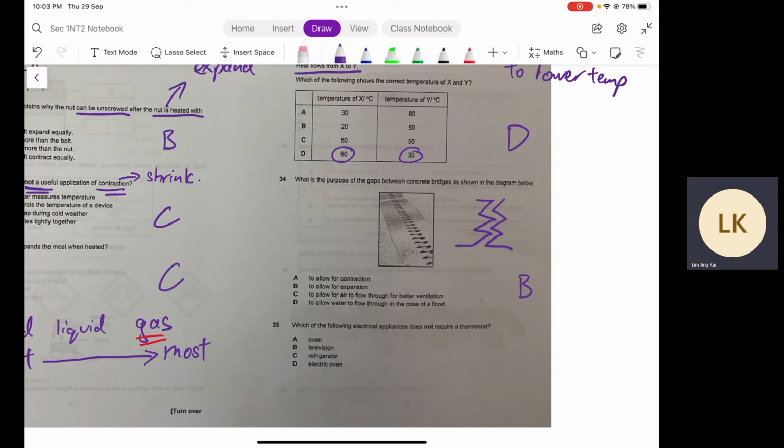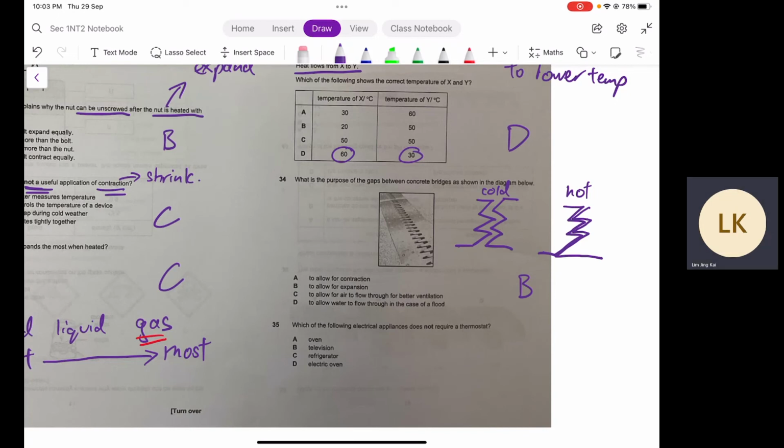But when it is very hot weather, this gap would be filled up, leaving very little space. We need this to happen, otherwise the road would bulge up. So this allows the bridge to expand and contract without causing too much problem.